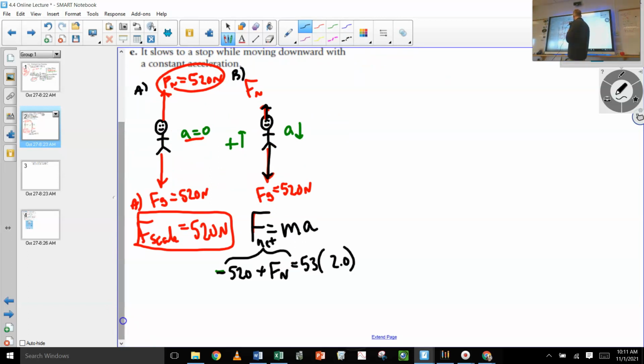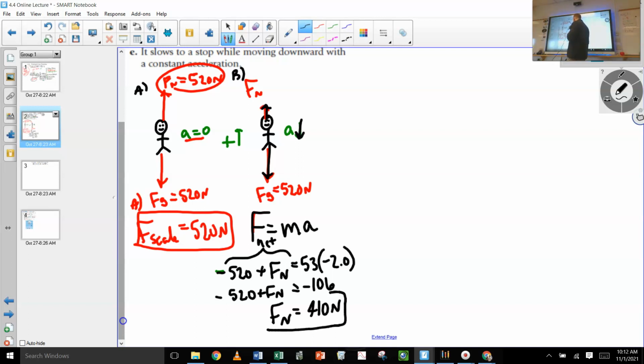Now, we have to be careful. Since it's accelerating in this direction, that's the negative direction. So I have to make sure I put a negative there. So 53 times 2 is negative 106. And then that's a negative 520. So if I take negative 106 and I add 520 to it, I get a smaller number, and that's 410 with significant figures.